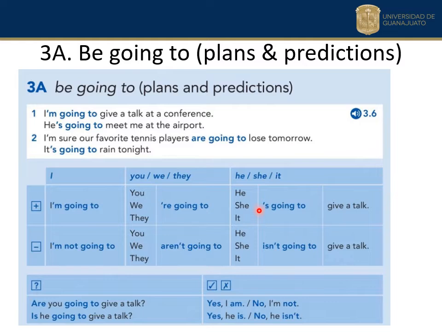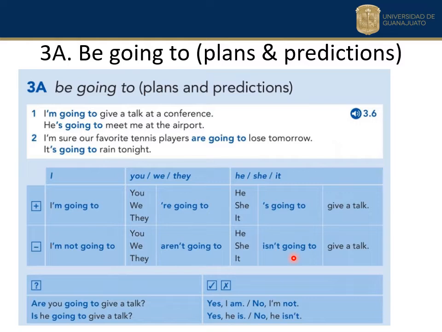Tercera persona, he, she, it. Sería la contracción con la S. He's going to. She's going to. It's going to. Si es en negativo, la contracción de N'T. He isn't going to. She isn't going to. It isn't going to.